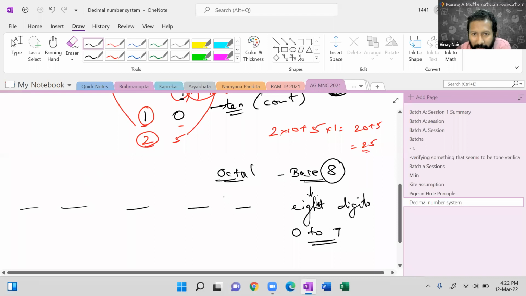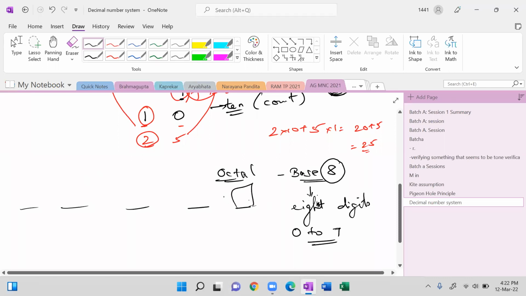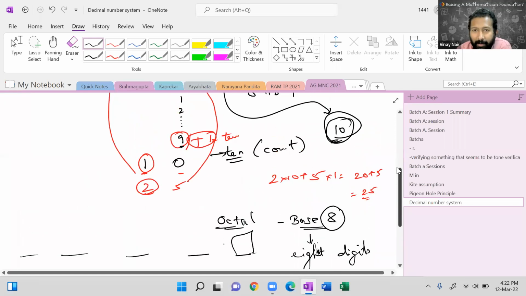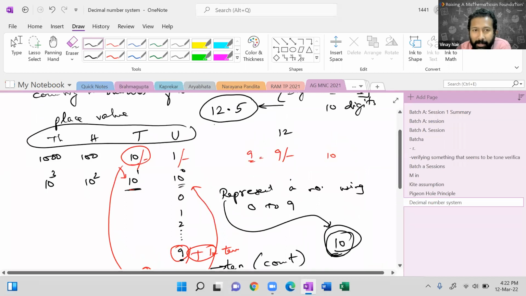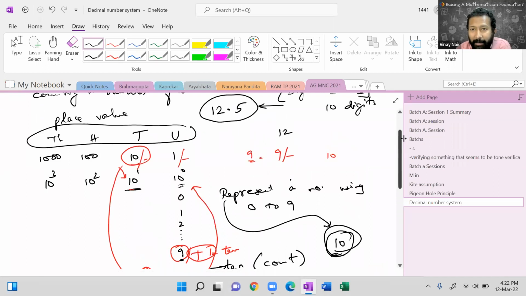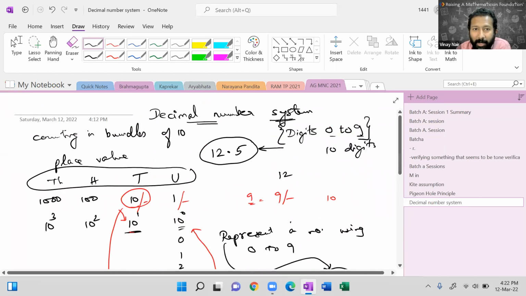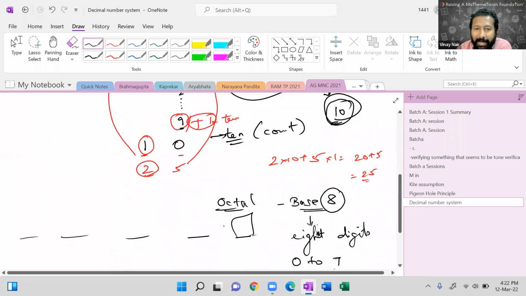What will be the first place? 10 power 0 was for decimal because decimal means we are talking about base 10. Now we are talking about base 8. So where we had a 10, we have an 8. So this is going to be 8 power 0.